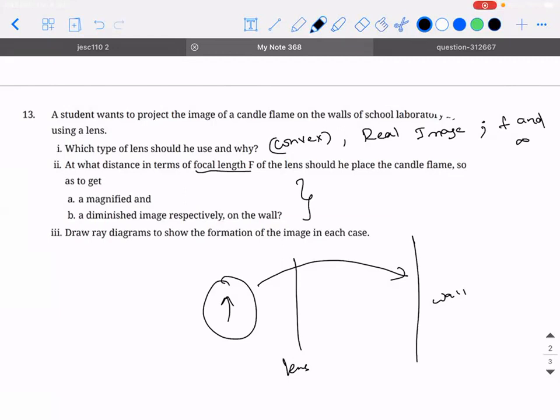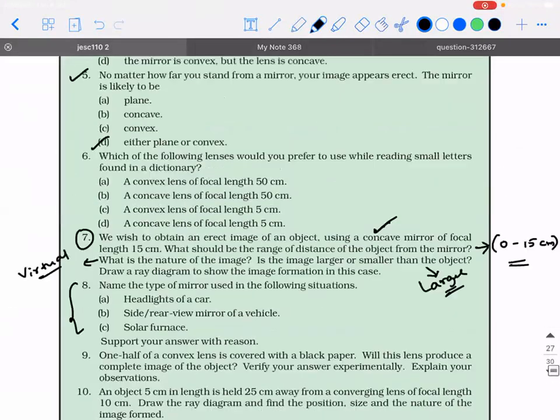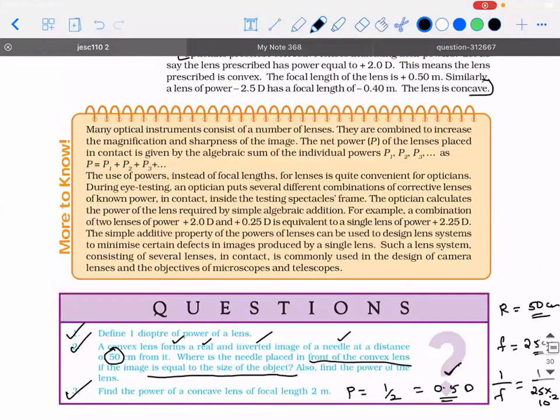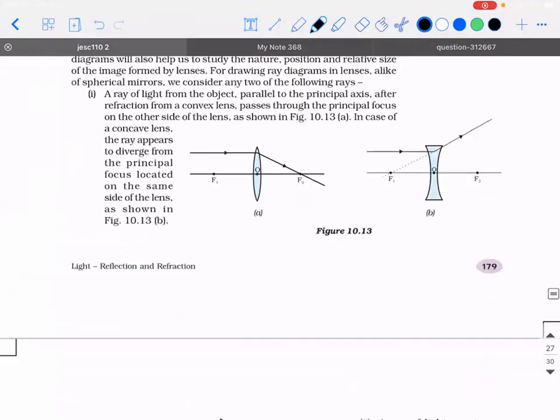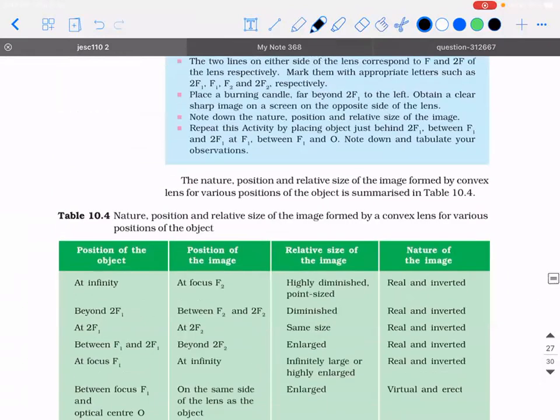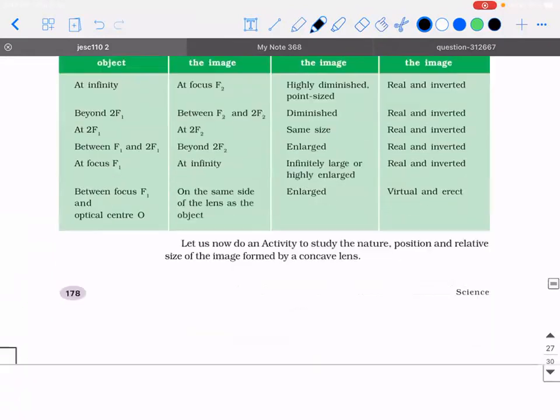Go open your textbook, look at the ray diagram and tell me.